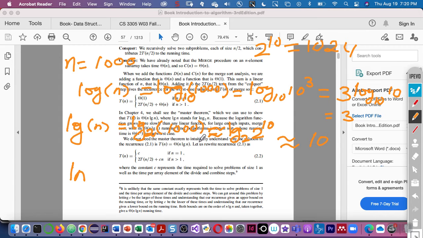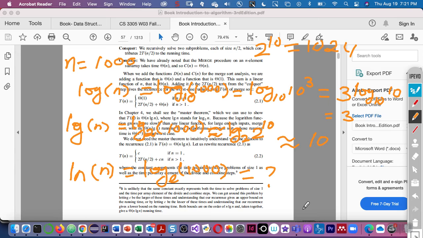Then how much if you say ln? This is natural log, log base e, where e is 2.7 or something. Log natural of 1000 equals what? Do this calculation with a calculator or with a program.